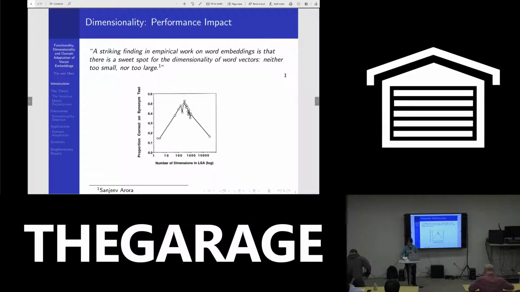So empirically, people have discovered that there is an optimal dimensionality for word embedding. This is a plot by Professor Sanjeev Arora. The horizontal axis is the number of dimensions, and the vertical axis is the correlation of the word embeddings constructed from various dimensions with the human-labeled test.